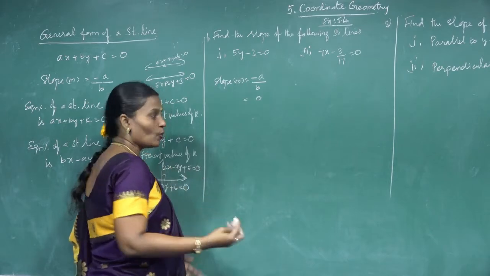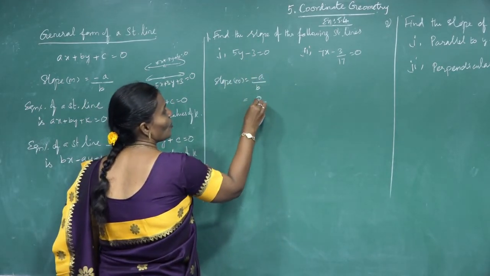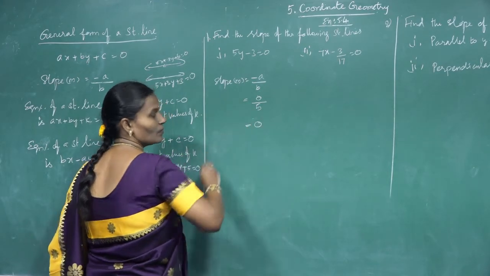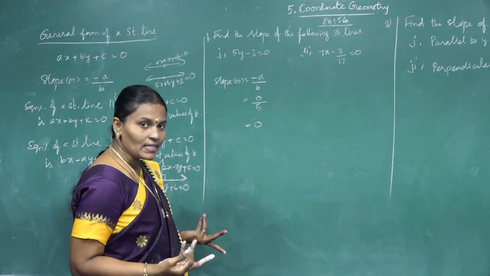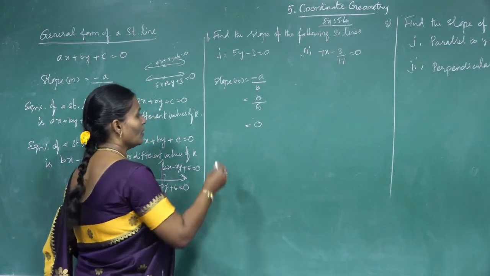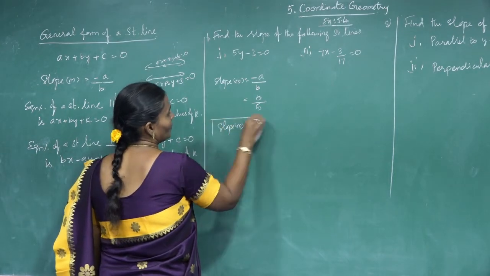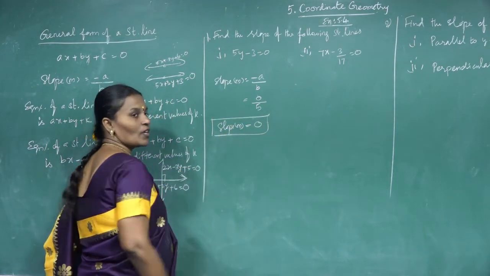Minus 0 is 0. What is the coefficient of y? 5. So 0 by 5 is 0. 0 by anything is 0, isn't it? So what is the slope of this equation? Slope m is equal to 0.